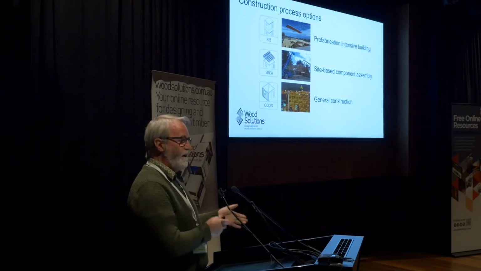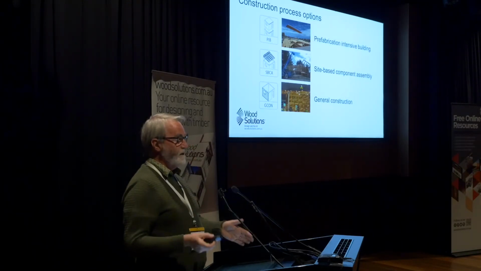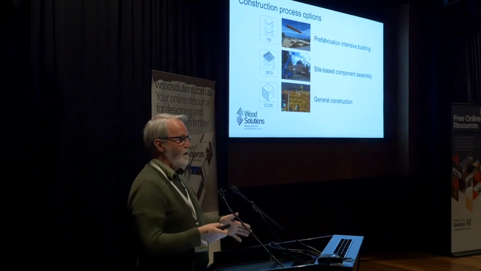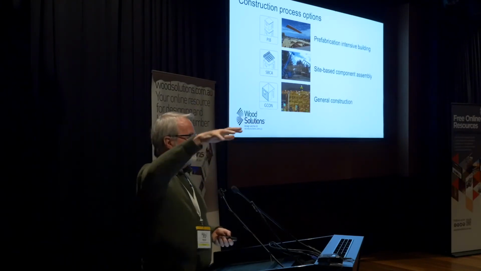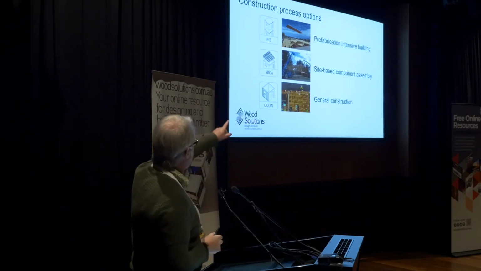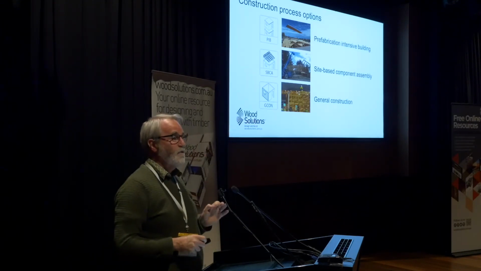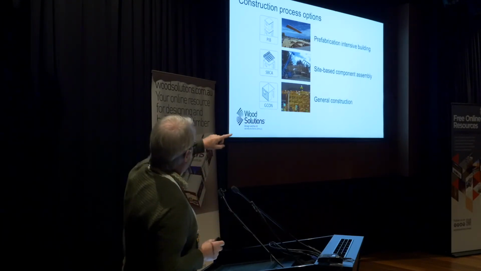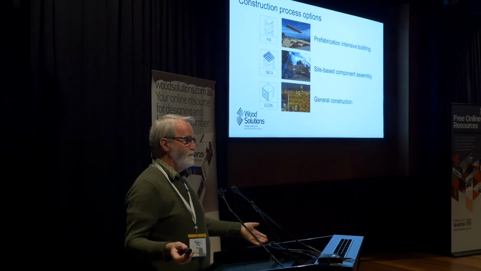That is where you take components that are relatively small, you bring them to near the site, you assemble them into a bigger bit that you can't put on a truck, and then you pick them up and you put them in the building. So the photograph that's there is actually the roof of the National Portrait Gallery in Canberra. So each of those components that you see on the crane there is about 14 metres long.